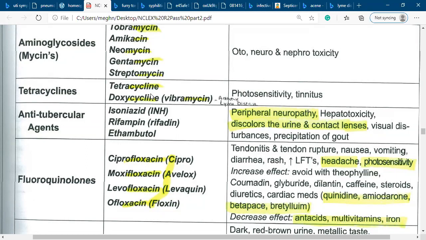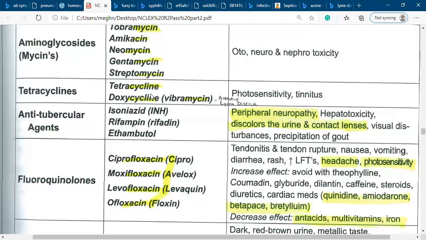This is an important note for the NCLEX board exam. If a patient takes tetracycline, they have to wear sun protective glasses or sunscreen because it causes photosensitivity, and it should be taken on an empty stomach, without food, with a full glass of water.